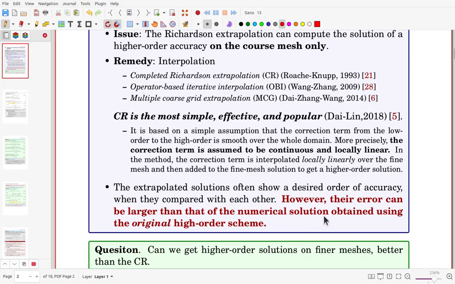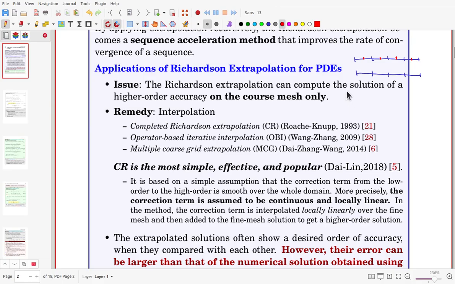Okay, I'll explain this one. For example, we consider one more finer mesh. Then we have 3 meshes. Then we can get 4th order by using this one, and 4th order again by using these 2 meshes. Then if we compare the errors, looking at the convergence, you can see 4th order. So from extrapolated solutions, you can get the desired accuracy.